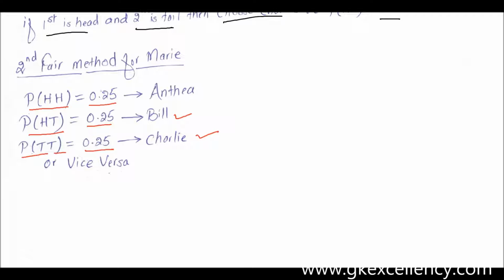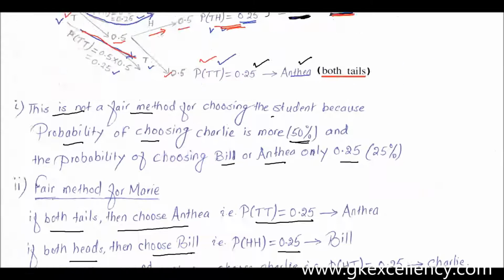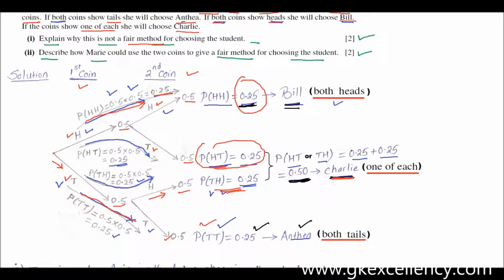Meaning you can have any combination of any branch of the tree, as long as the probability of choosing all three students is equal. Try to pay attention here. The probability of choosing all three students should be equal, not unequal, the way it was explained in the beginning.